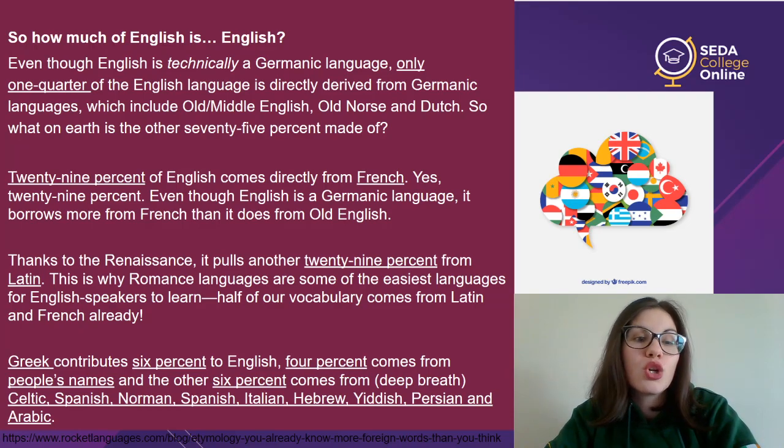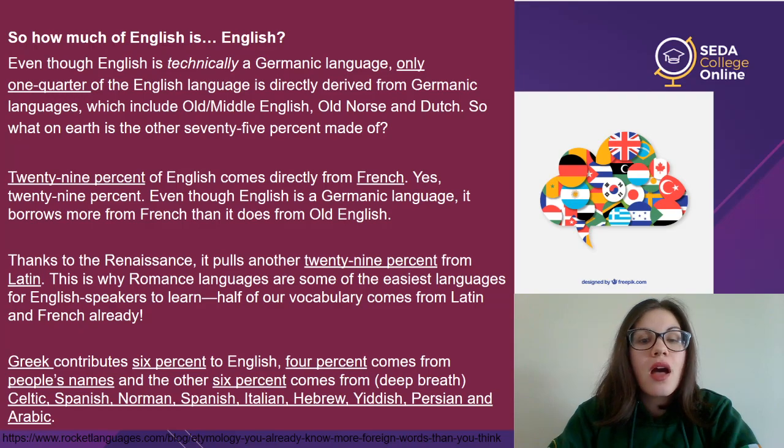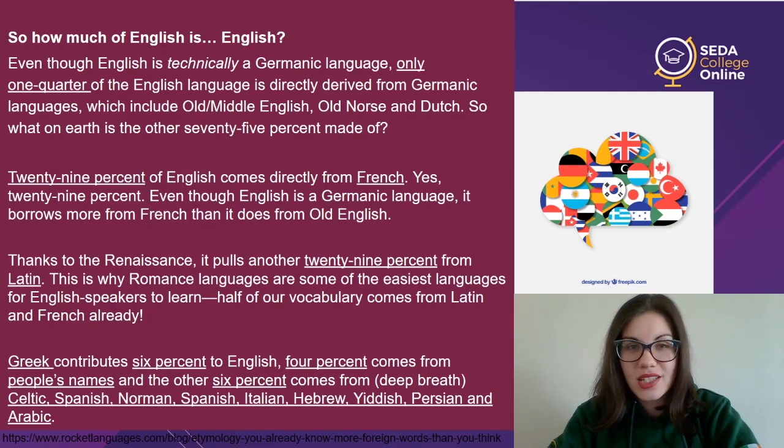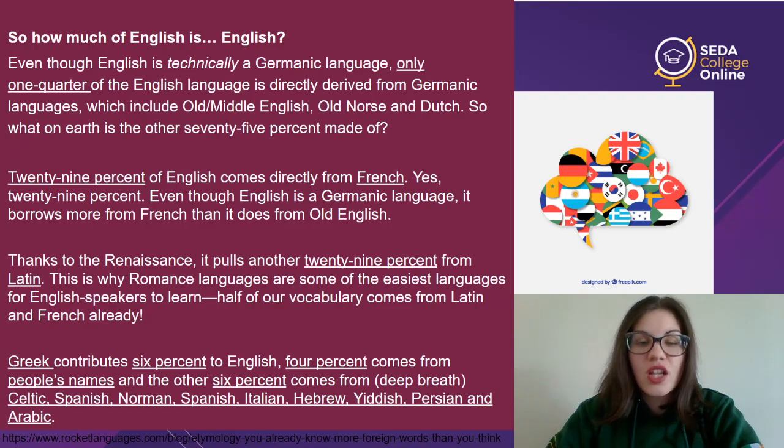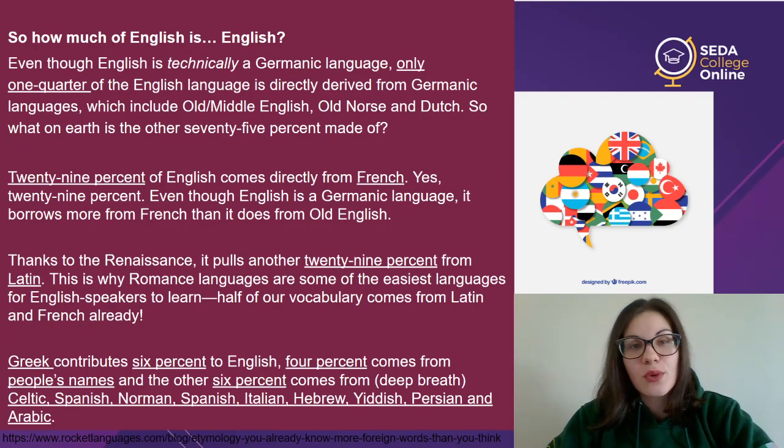Then, Greek contributes 6% to English, 4% comes from people's names, and the other 6% is a mix of languages, okay? It's Celtic, Spanish, Norman, Italian, Hebrew, Yiddish, Persian, and Arabic. So we have all these languages that are another 6%.